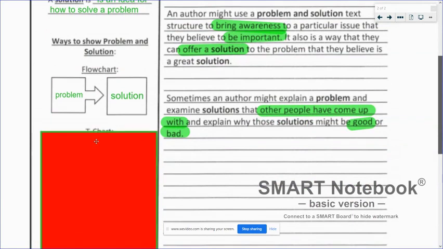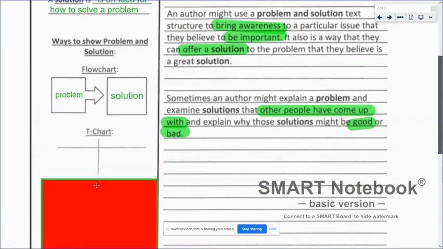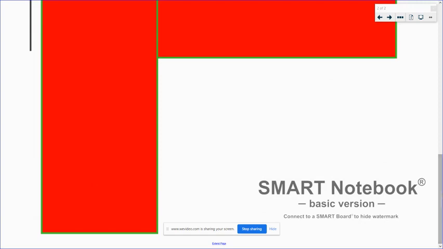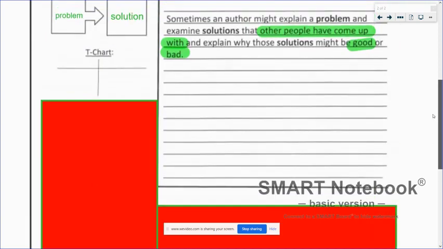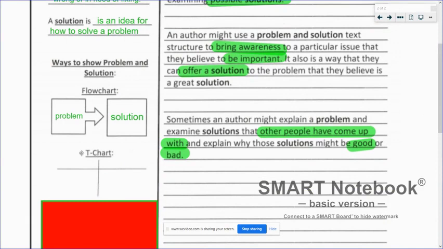And then the next one, you don't need to add. Well, you do. I forgot to add it. So this will be a good test to see who's watching and listening to the video. Would you please write in problem and then solution on this side?